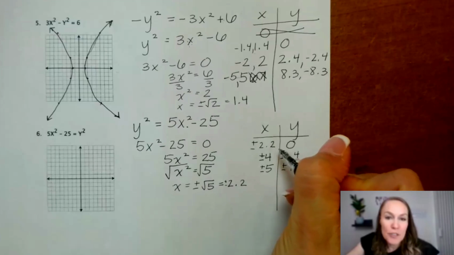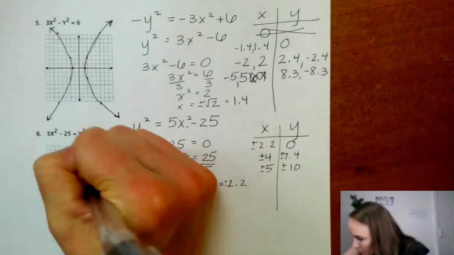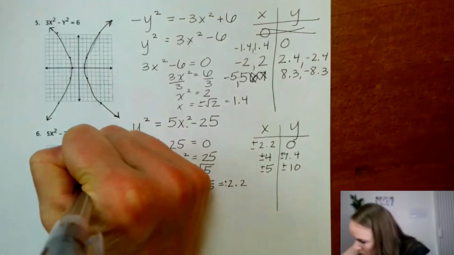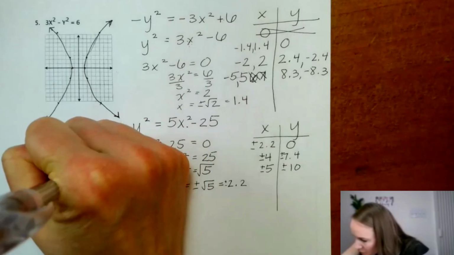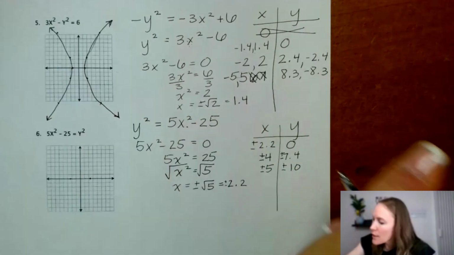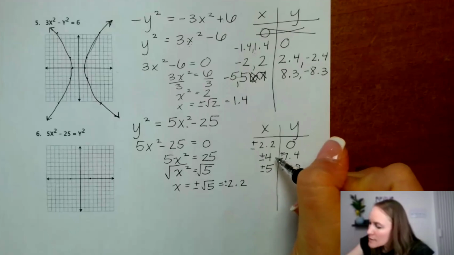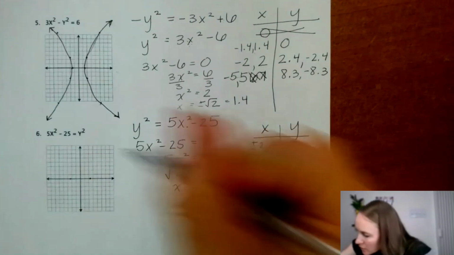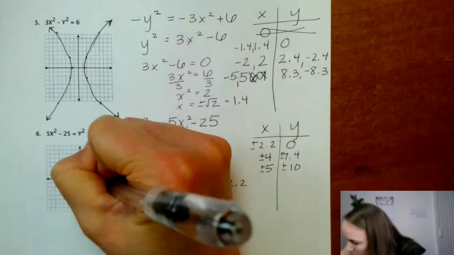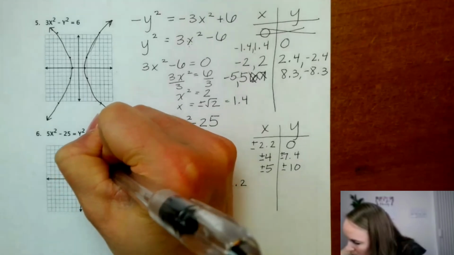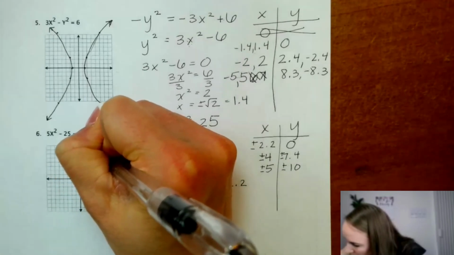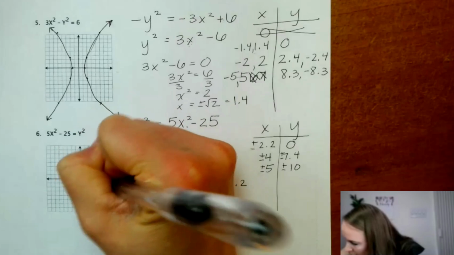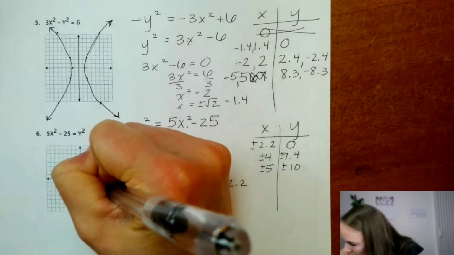Okay, so I have 2.2, comma 0. Negative 2.2, comma 0. And then let's go ahead and do our positive 4, positive 7.4. And the negative case.